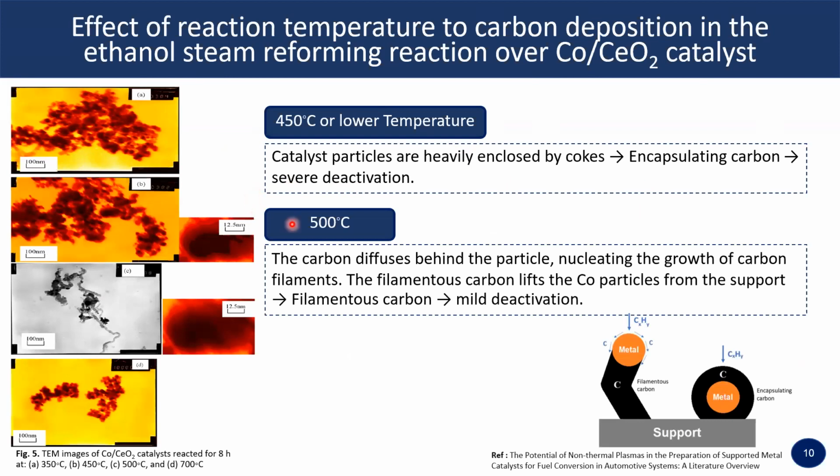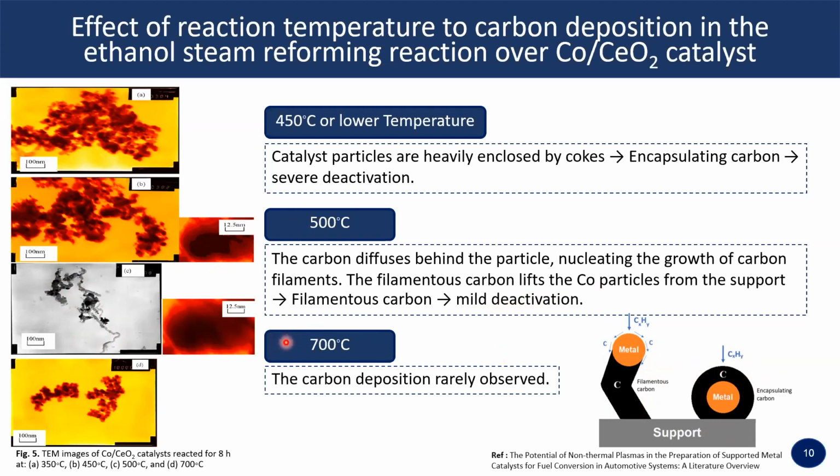At 500 degrees Celsius, the carbon diffuses behind the particle, nucleating the growth of carbon filament. The filamentous carbon lifts the cobalt particle from the support, and filamentous carbon results in mild deactivation. The figure on the right hand side shows characteristics of filamentous carbon and encapsulating carbon. At 700 degrees Celsius, carbon deposition rarely occurs.